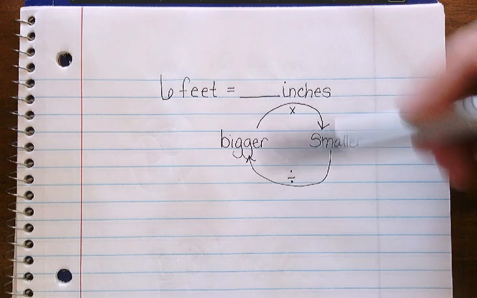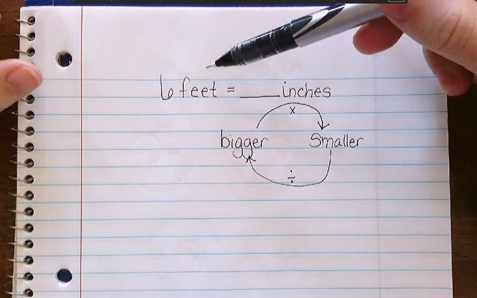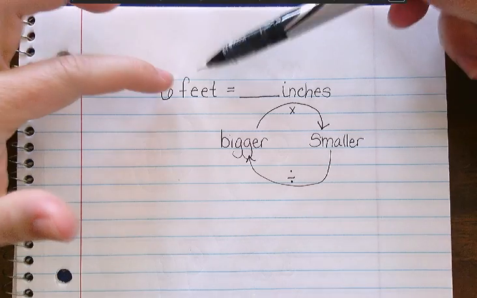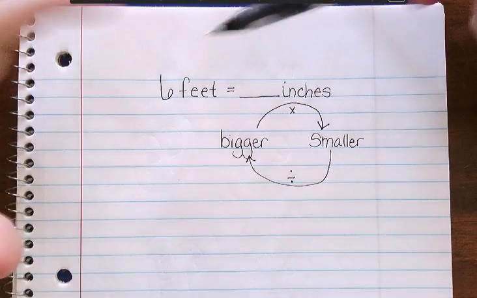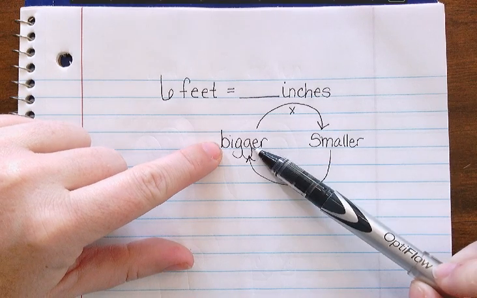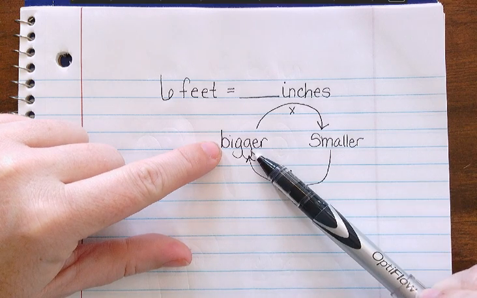Now here we go. We have our circular picture to determine, are we going from smaller to bigger or bigger to smaller? This is the question that we go through first. This is step 1. Are feet bigger than inches? Are we going from a bigger measurement to a smaller measurement, or a smaller measurement to a bigger measurement?